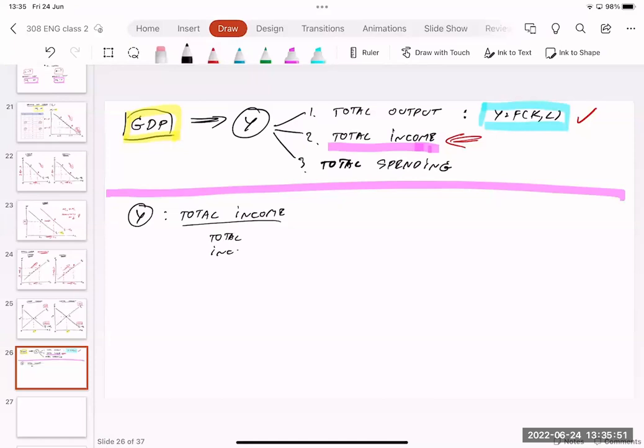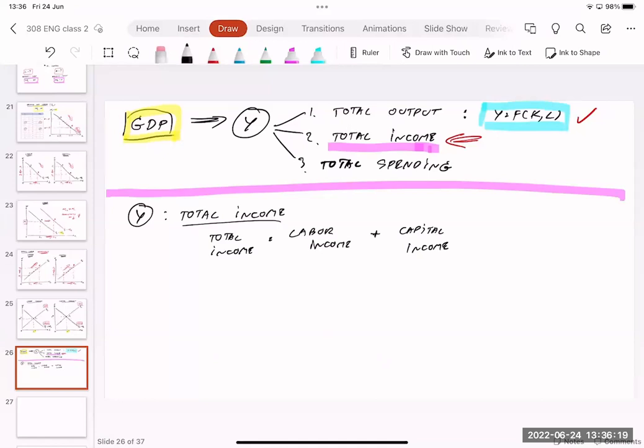Total income equals, remember, in the economy we have two factors of production: labor and capital. So when you earn money, total income is gonna be equal to labor income plus capital income, the amount of money that you can make.